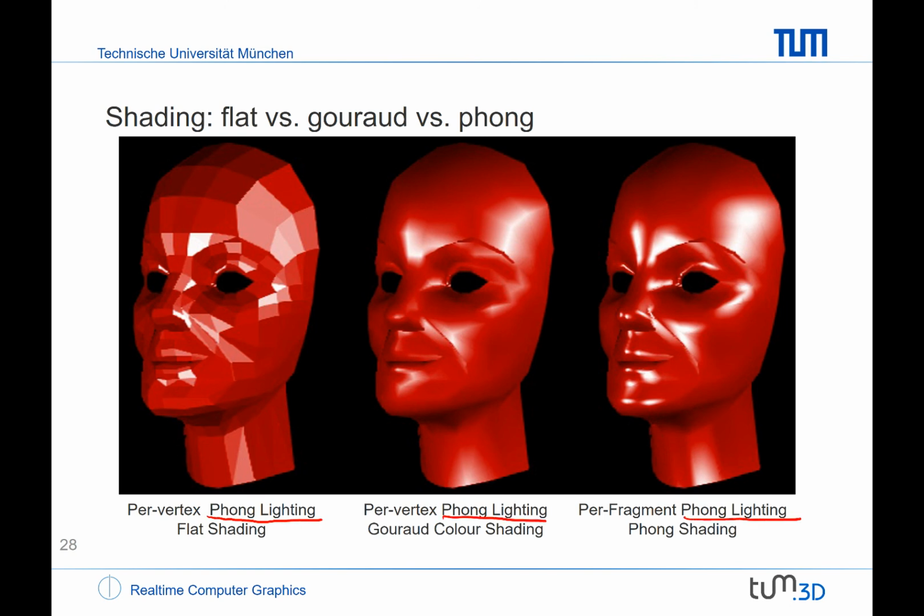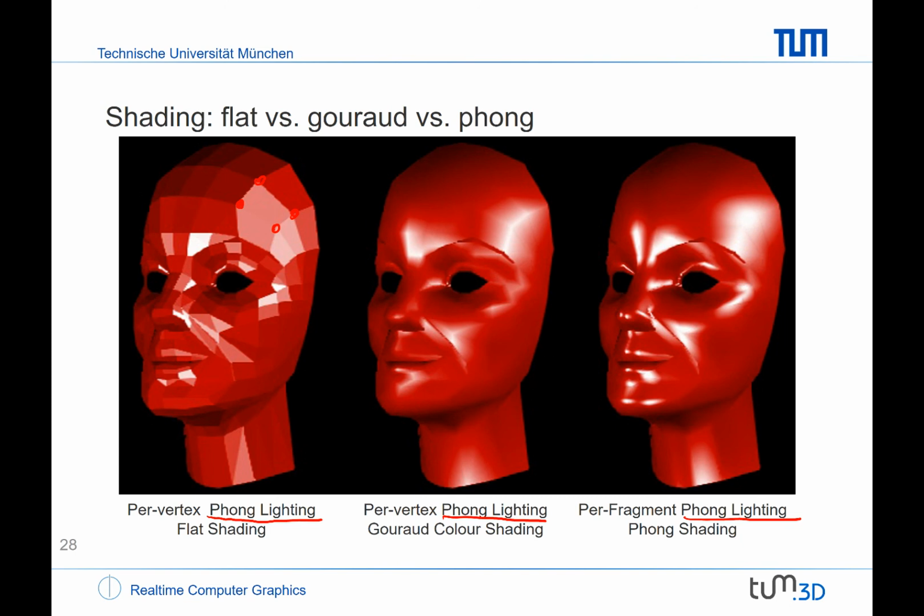The difference is, in the first example, for each of the vertices, we perform Phong illumination. But then for every triangle, or for every quadrilateral, let's say for every triangle, we just pick one particular vertex, let's say always the first of the sequence of the three vertices making up that triangle, and we take the color of that vertex and give it to all points in the interior of the triangle.